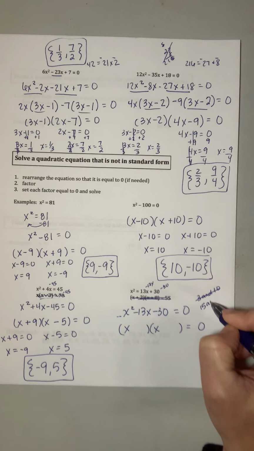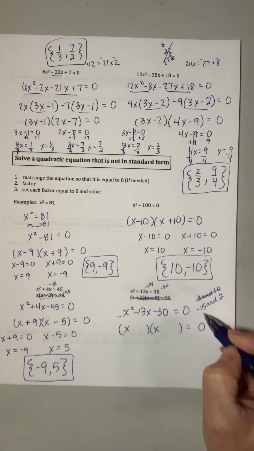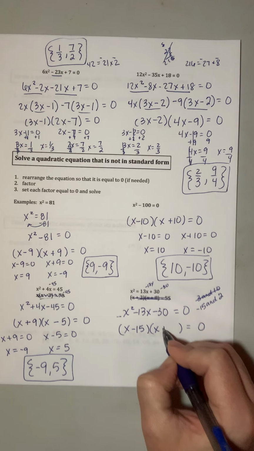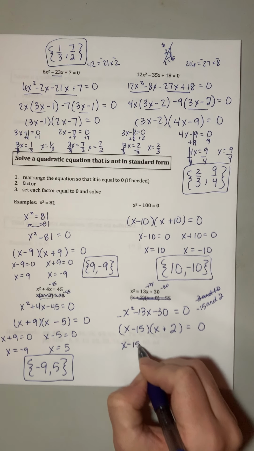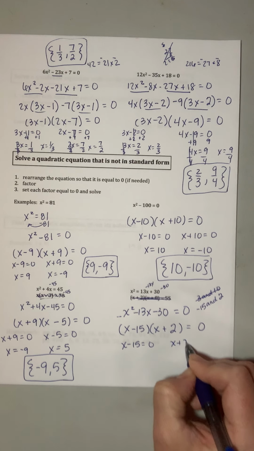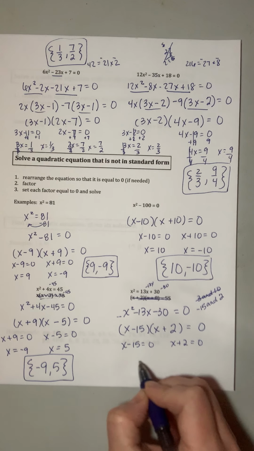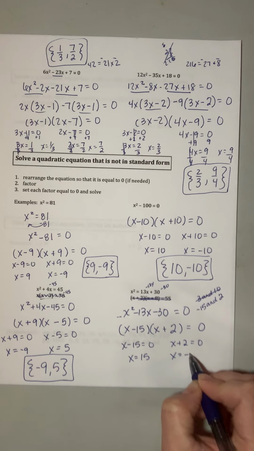So I'm going to use 15 and 2. Negative 15 plus 2 is negative 13, so that's what we will use. So this is going to give me add 15 gives me 15. Subtract 2 gives me negative 2.